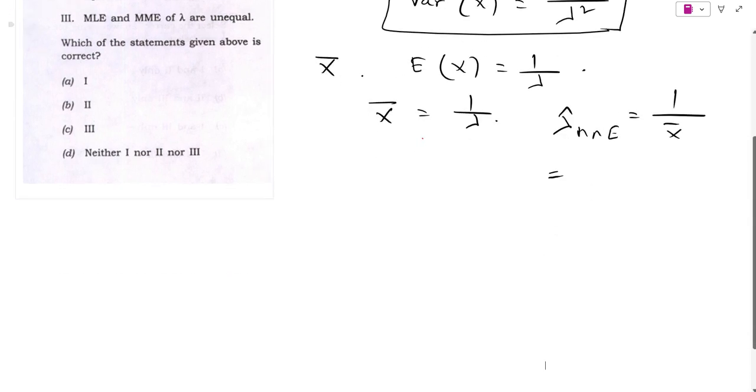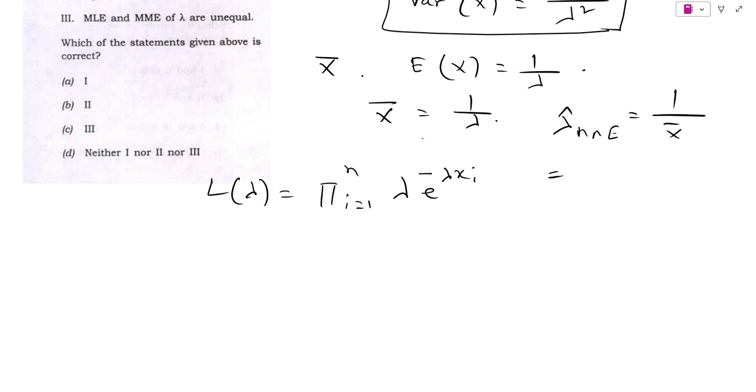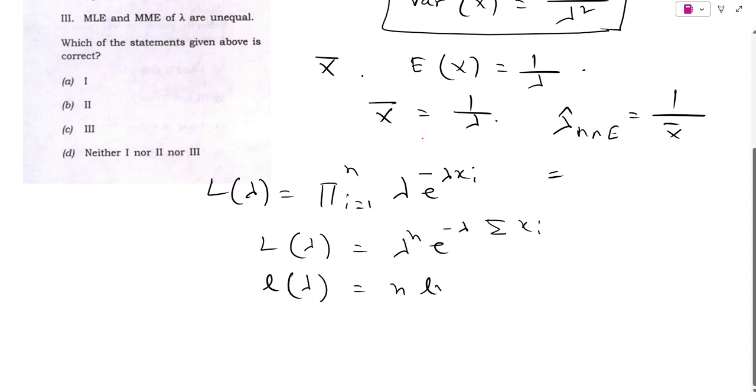The likelihood function is as follows. Now simplify. Now take the logarithm. Now differentiate with respect to lambda.